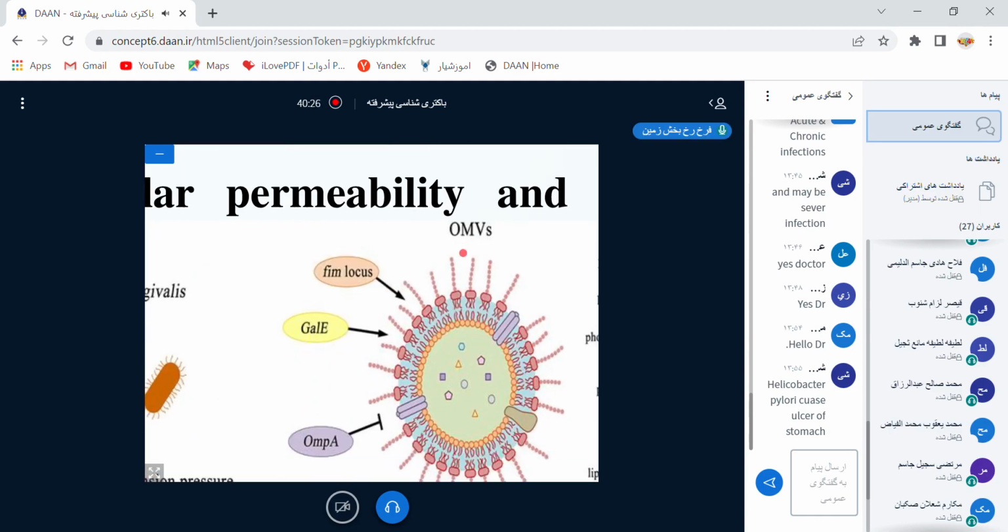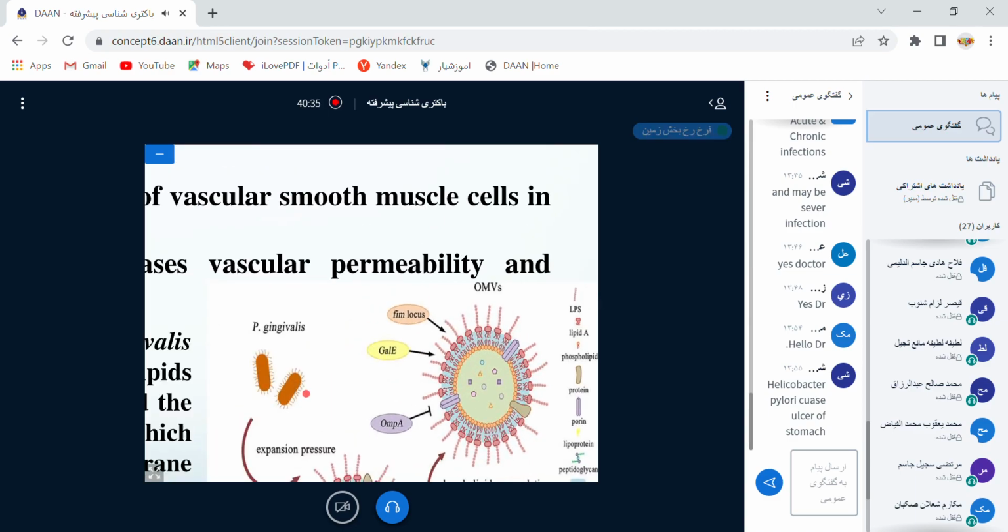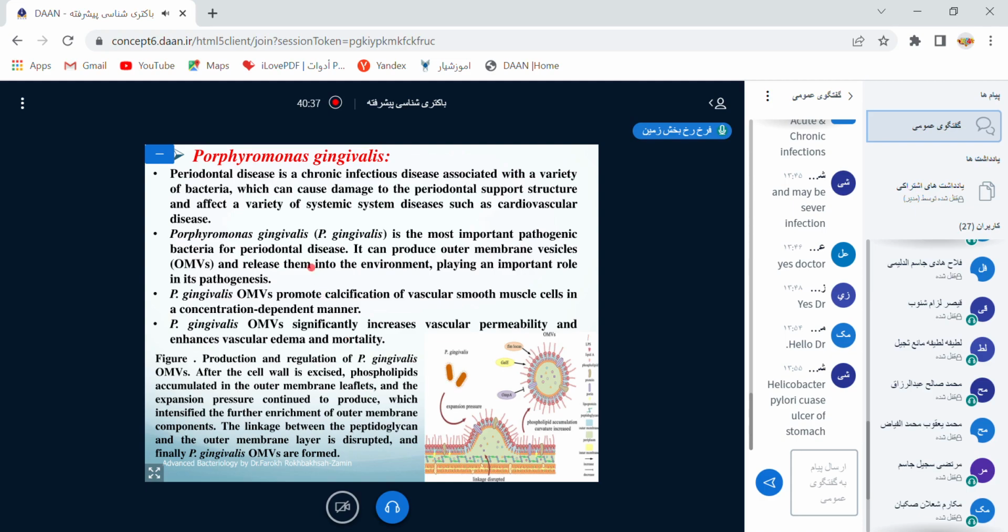This is outer membrane vesicles, or OMV. This bacterium, Porphyromonas gingivalis, is the most important pathogenic bacterium for periodontal disease. It can produce outer membrane vesicles, OMV, and release them to the environment.